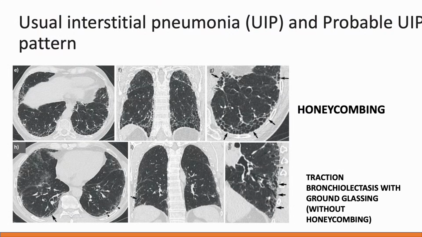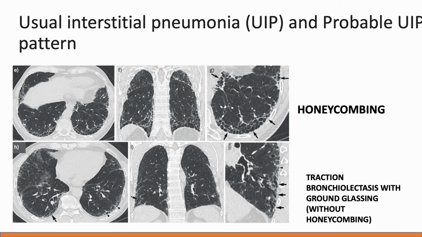So let's look at the first images taken from the guideline statement. This is a comparison of the UIP pattern versus probable UIP pattern. So usual interstitial pneumonia versus probable UIP pattern. What is the difference? Only one difference: honeycombing. Honeycombing is more classical in a UIP pattern.